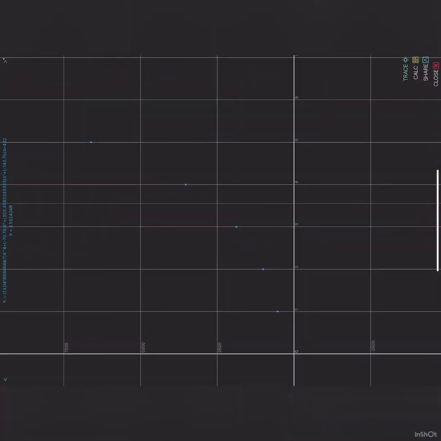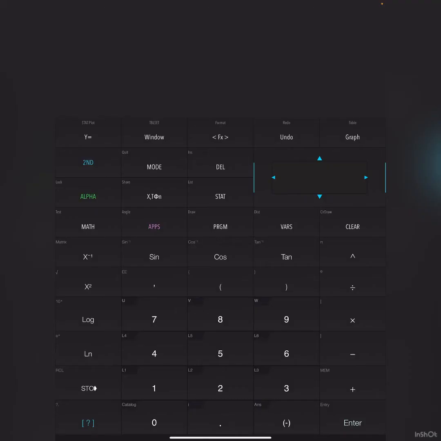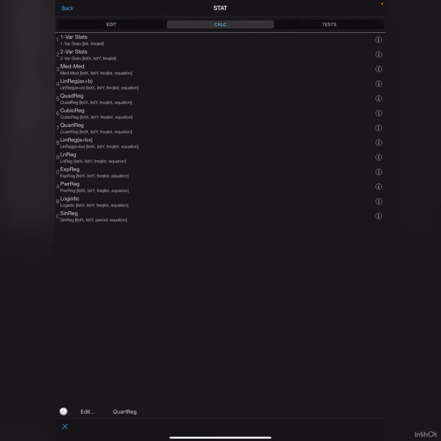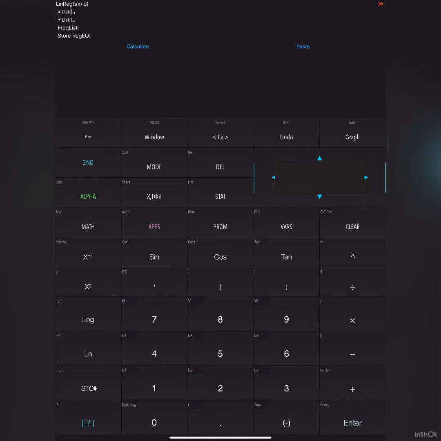So on this app, we're just going to close out and go back to the home screen. So again, we go to Stat, and then we go over to Calculate. Okay, we're going to start with the linear regression, ax plus b, so that's number 4. Our data is in list 1 and list 2. If you hit second 1, second 2, it gives you L1 and L2.